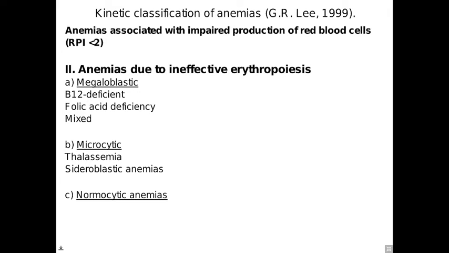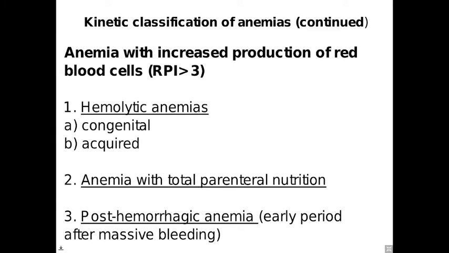Then microcytic types of anemias: thalassemia, sideroblastic anemias, and normocytic anemias with certain, for example, DNA violation, and so on. The second big group of the kinetic classification is anemia with increased production of the red blood cells, RPI more than 3.